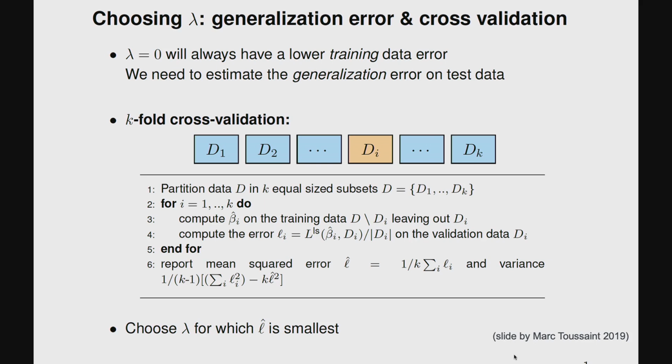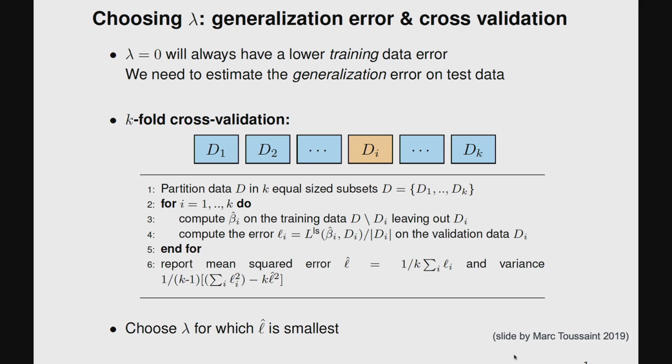Now, the problem is if your data set is too small, what you have to do is k-fold cross-validation, which we have talked about before. So you split your data set into k partitions. You take out one, you do your training on the blue ones, and you do your validation of your particular lambda value on the yellow one.